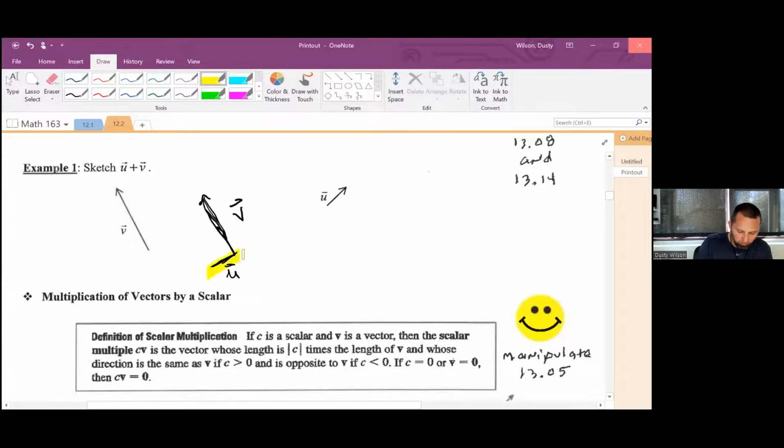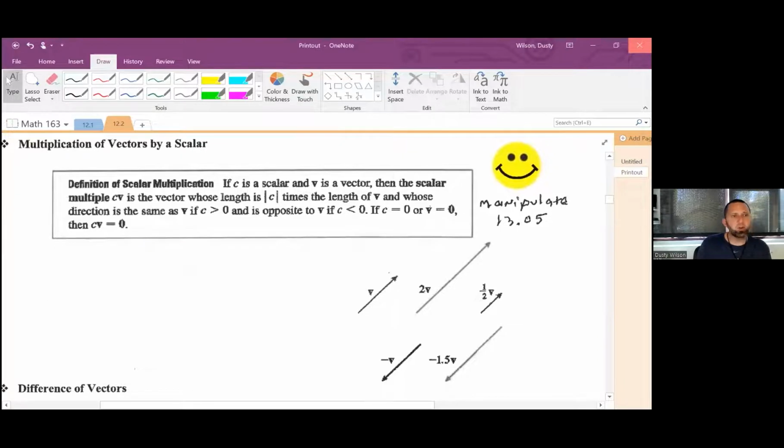Notice this is my attempt at making it the same as the u and the same as the v, trying to be parallel. Then we go from the initial point of u to the tip of v. That will be our u plus v.